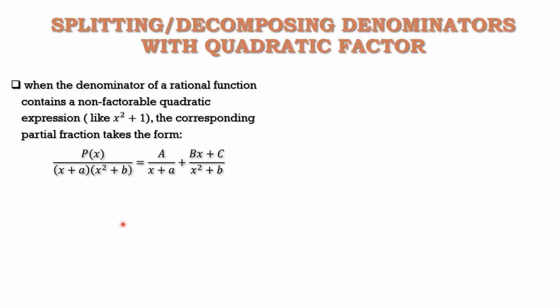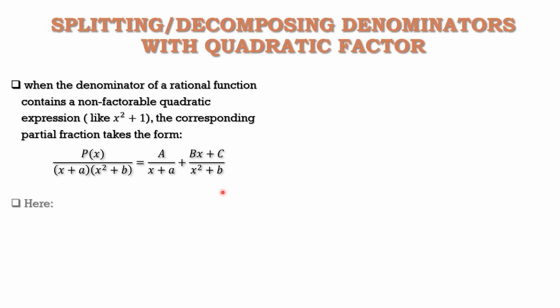If we also have an irreducible quadratic factor, we separate it with a linear expression, in the format bx plus c. So we use a constant to separate a linear factor, and we use a linear expression to separate a quadratic factor.